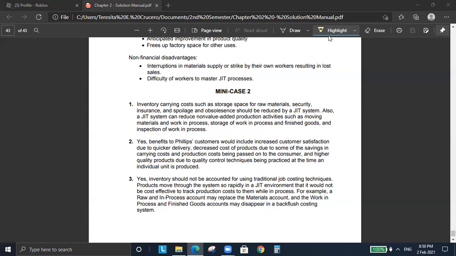Now, if you are adopting the JIT system, you order the materials directly from the supplier to be delivered to your place of production, meaning you are not going to maintain inventory in the warehouse or in the storeroom. So it will minimize carrying cost.